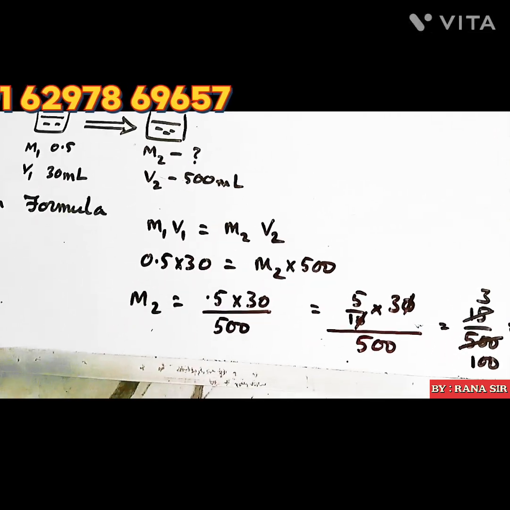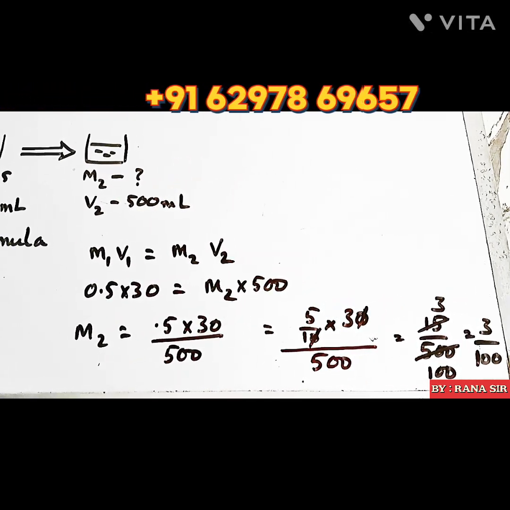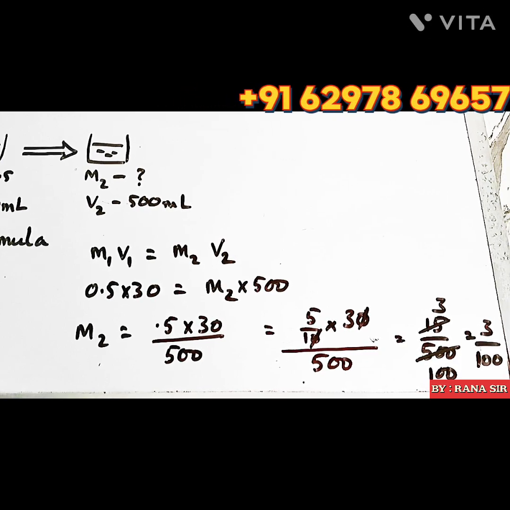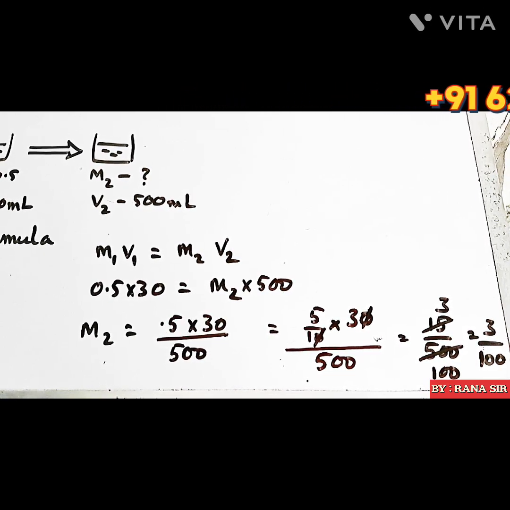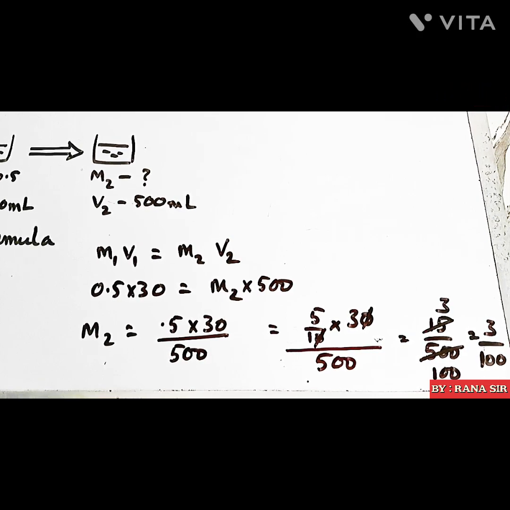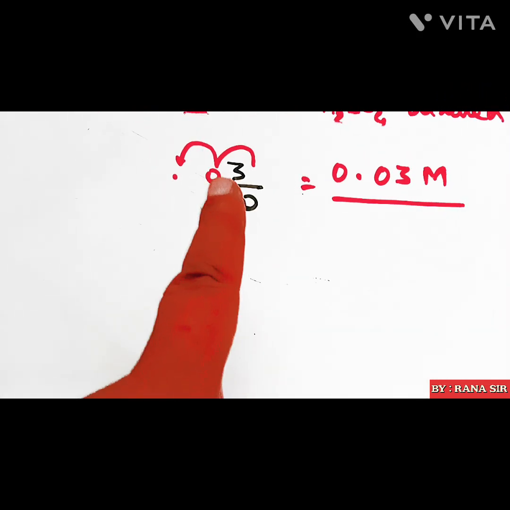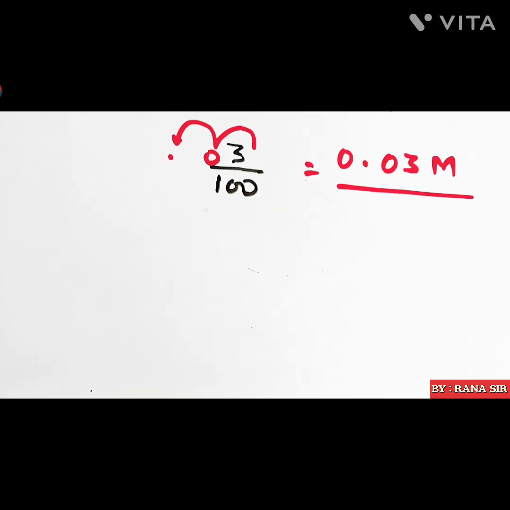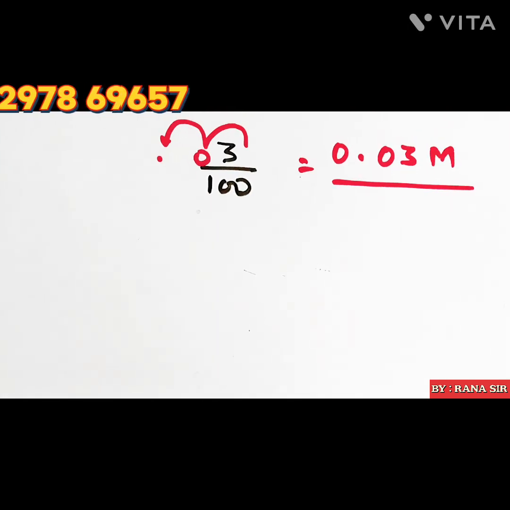So 3 by 100, can I put the fraction in decimal? Yes, of course. We'll place the decimal point 2 places from right to left. Let us do it. So always remember, a number without a decimal point means the decimal point is always lying towards the right side.